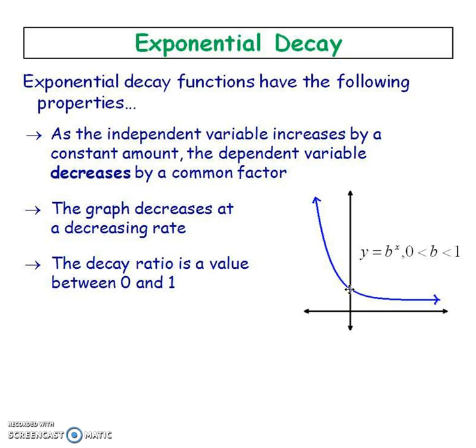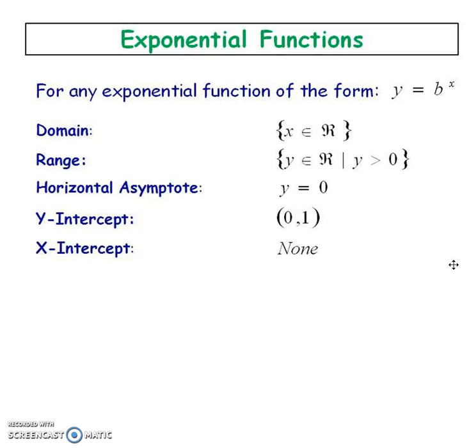And this decay happens when the base is between 0 and 1, so 0.5, 0.25, something like that. So this is basically everything I said before. The domain can go on forever, but there is a limit in the range because of that asymptote. You don't have any x-intercepts because that asymptote is in the way.